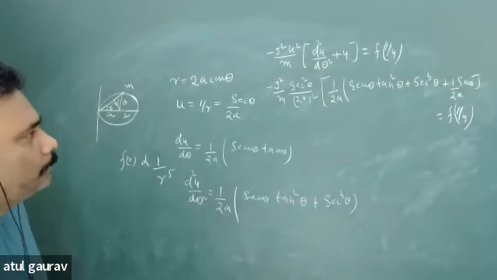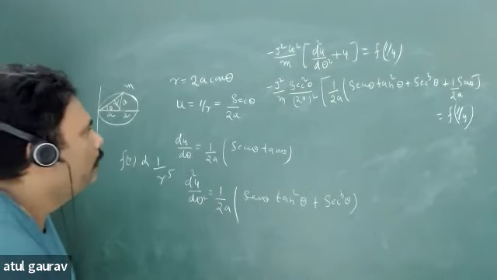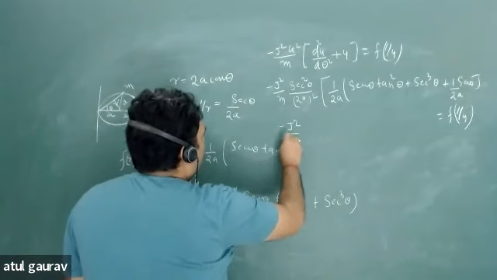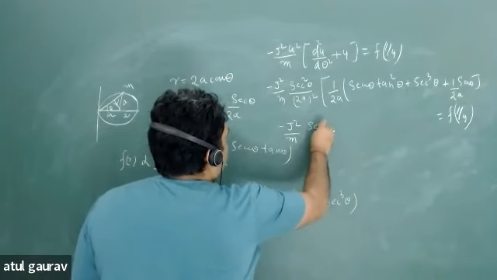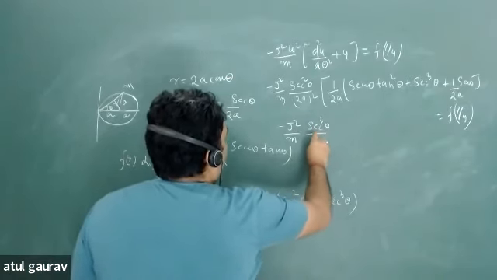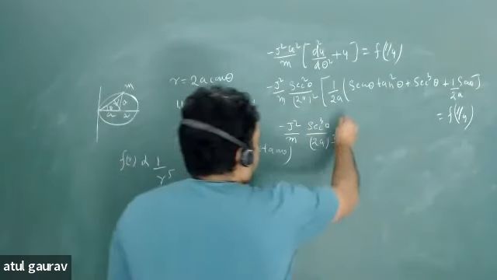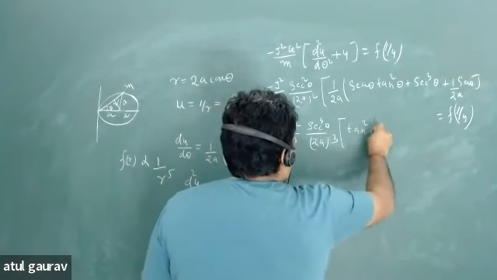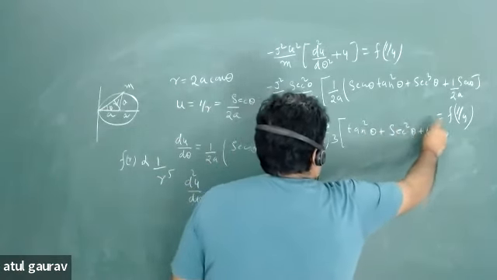What you will do? I can take sec theta common, और 1 by 2a भी कॉमन ले सकते हैं. So I can write minus h square upon m, and this value is sec cube theta upon 2a whole cube, and inside the bracket we have tan square theta plus sec square theta plus 1.